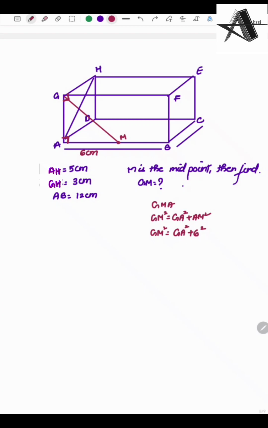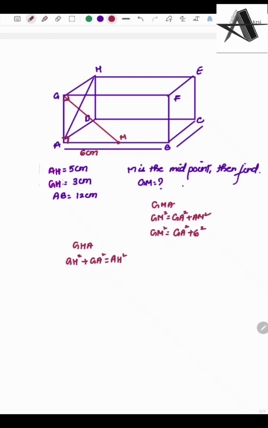So when I apply it in triangle GHA, I can say G is 90 degrees, and the side opposite to G is this one, AH. That is your hypotenuse. So again applying Pythagoras theorem, I can say GH squared plus GA squared is equal to AH squared.